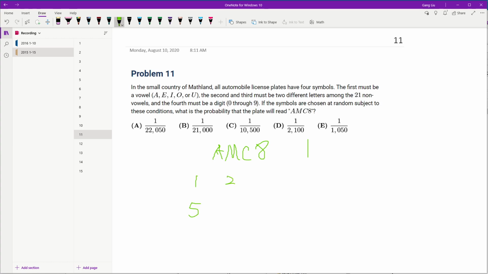For the second and the third positions, we have 21 and 20, because they have to be 2 different letters. And the fourth position has to be a number, so we have 10 choices. So this makes 100, this makes 210. So the answer is going to be 1 out of 21,000. B.